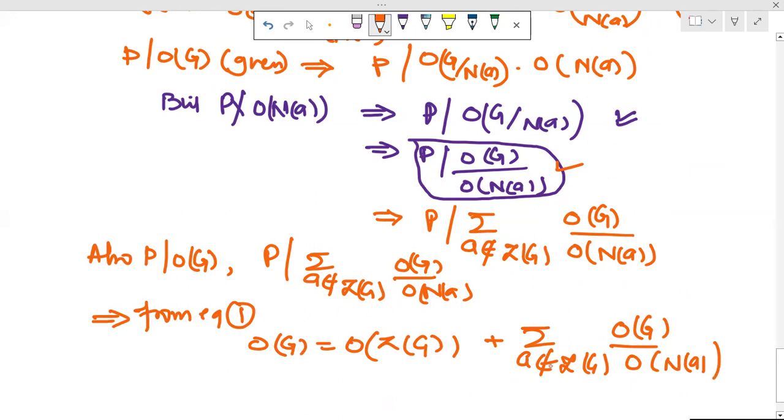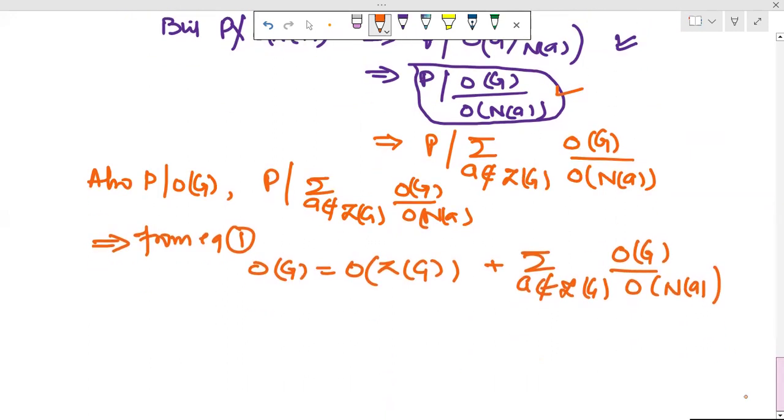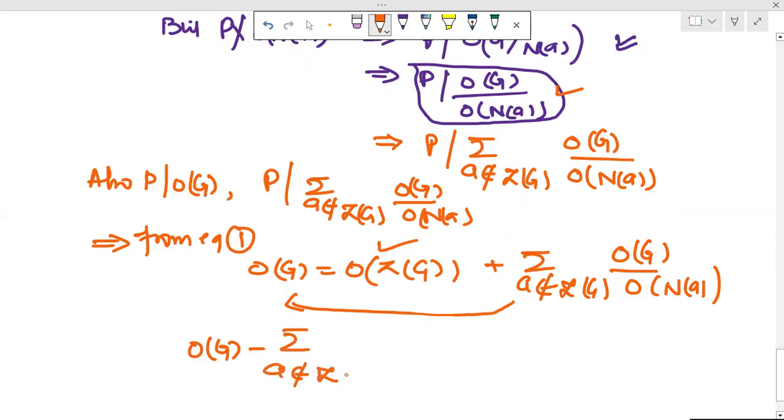Now we are transferring this to this side. So we are getting order of G minus the summation over A not belonging to Z(G) of order of G by order of N(A), and this is equal to order of Z(G).